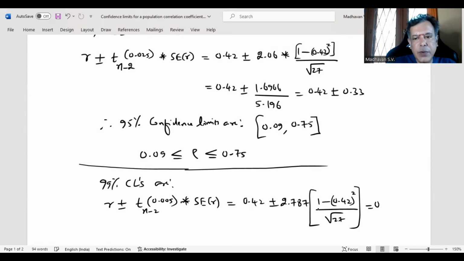If we evaluate this, we will get 0.42 plus or minus 0.44.